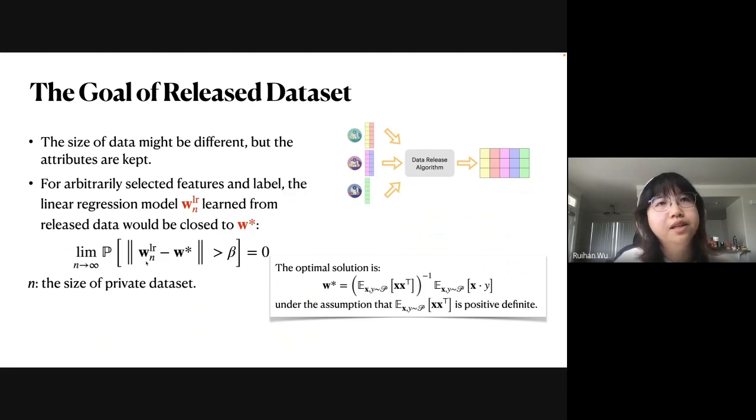So we expect that this learned model, W_N learning, is close to W star as much as possible. So the randomness here in this P may come from the data sampling process and the algorithm we design.